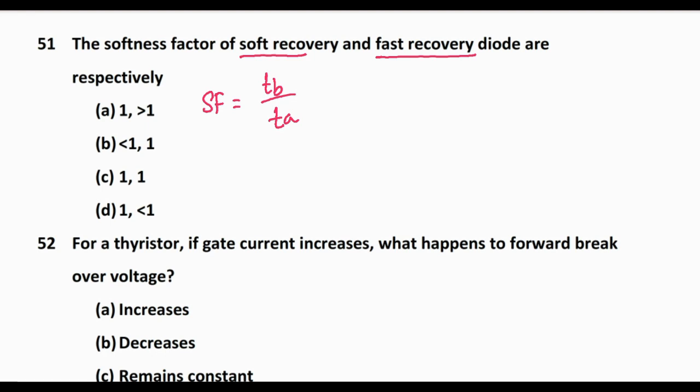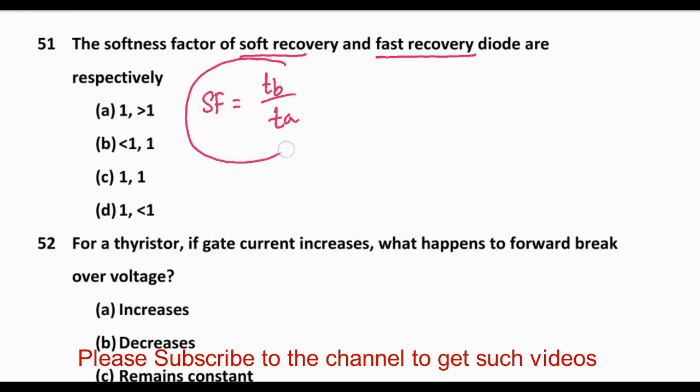So the softness factor for a soft recovery diode is 1, and smaller than 1 for a fast recovery diode or snappy diode. So the answer here is 1, smaller than 1.